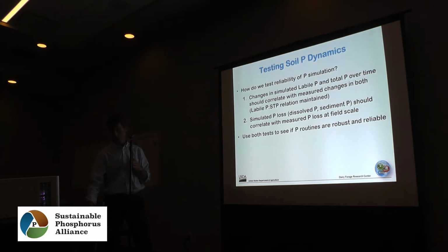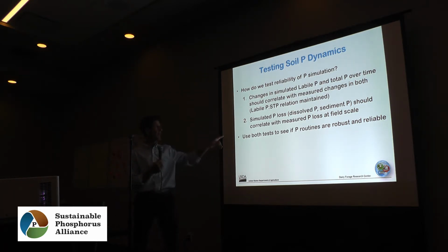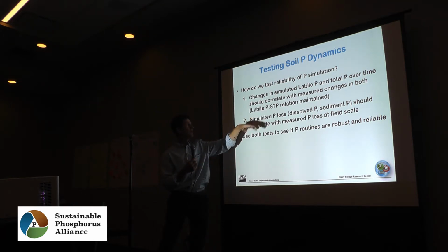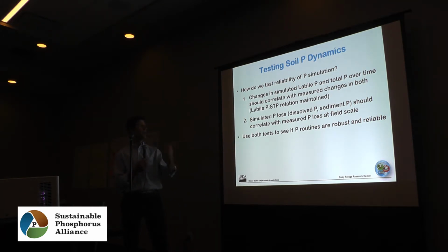When testing our soil P dynamics through time, there are really two things to look at. First, if we're equating our soil test P to labile P, we want to make sure we're able to simulate those changes in labile P through time, and that they maintain that relationship between labile P and soil test P as things change.